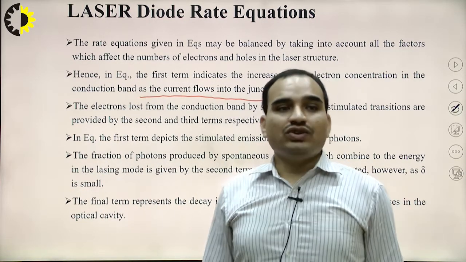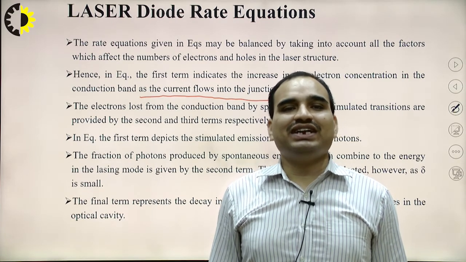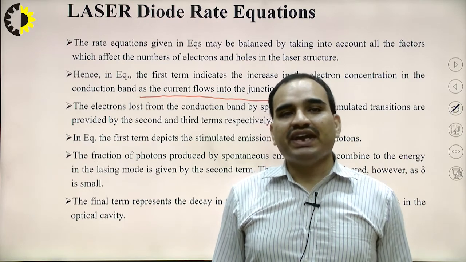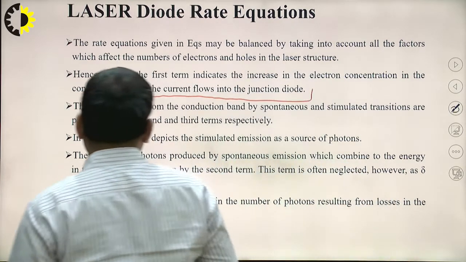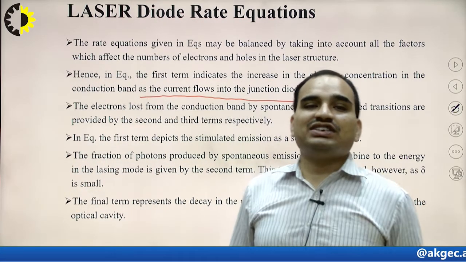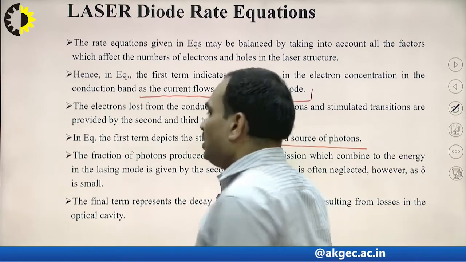The electrons lost from the conduction band by spontaneous and stimulated transitions are provided by the second and third terms respectively. In the second equation, the first term depicts stimulated emission as a source of photons.